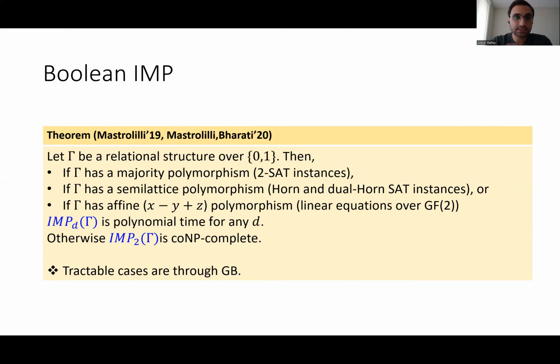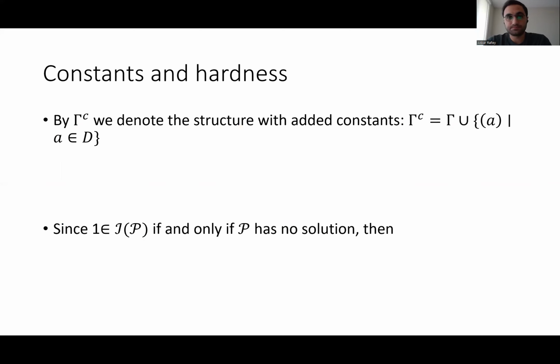So in all these cases, you can construct Gröbner bases of bounded degree and solve the problem. Otherwise, the IMP is co-NP complete.